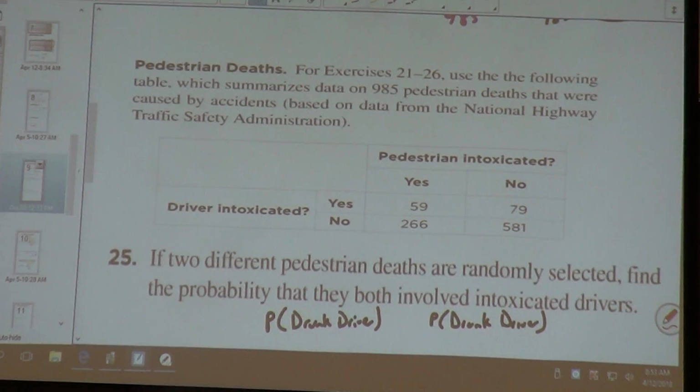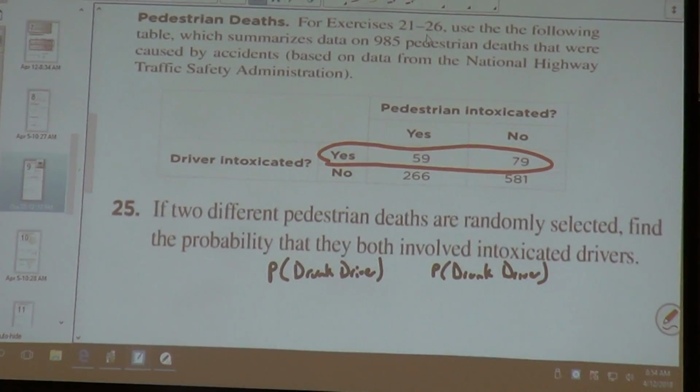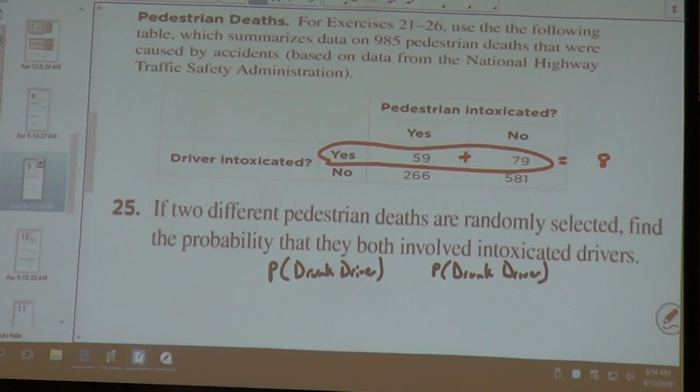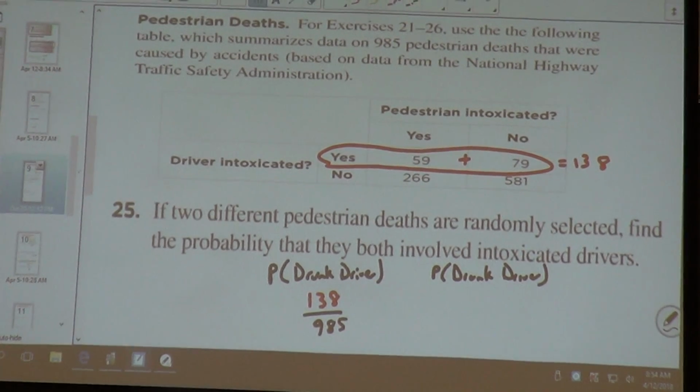So I am only looking at the drunk driver deaths, which is going to be the 59 and the 79, which is what, 138? So 138 of the people got killed by drunk drivers out of 985.